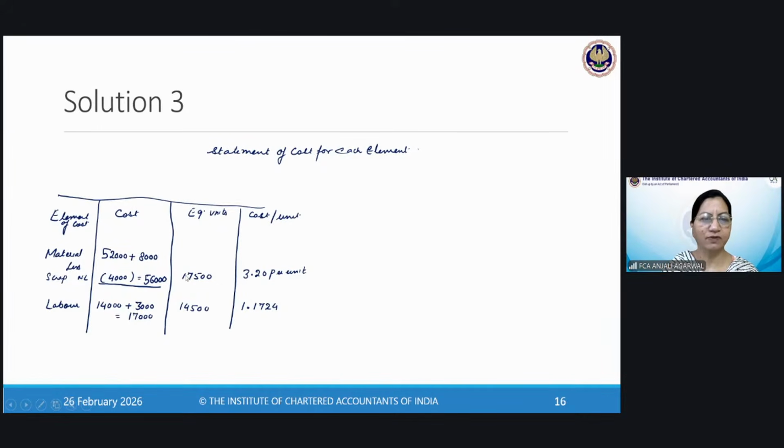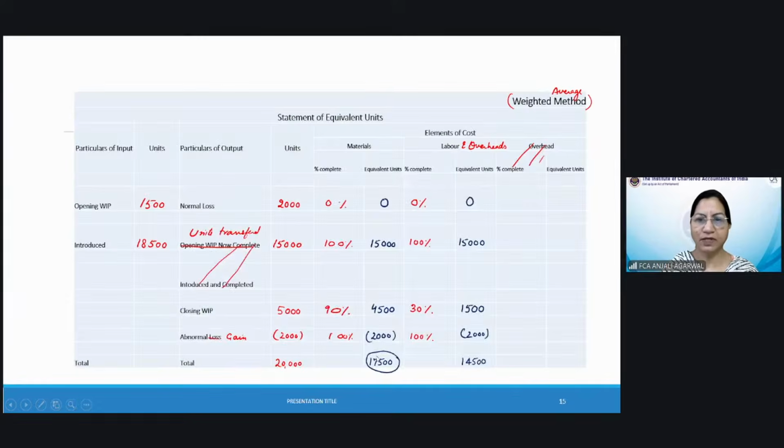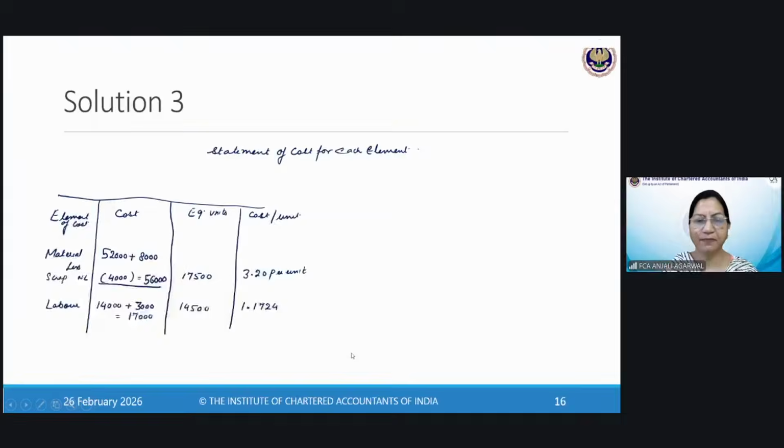Divide by, so you will pick up the cost from the question and the equivalent units from the statement which you have prepared. So material equivalent unit is 17,500. So the total cost of 56,000 is incurred on 17,500 units, which comes out to be 3.20 per unit.